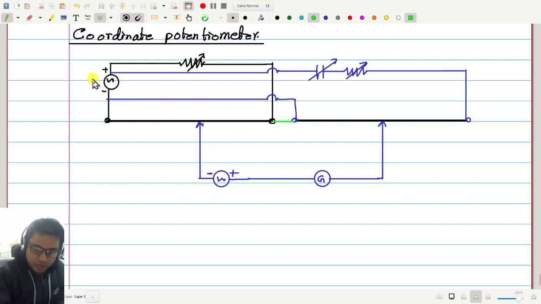Before coming to that problem, the idea is this: when you move this end and this end, basically you will get null if this voltage Vx is equal to this voltage plus this voltage. If the sum of these two voltages is equal to the unknown voltage, then we will get null.